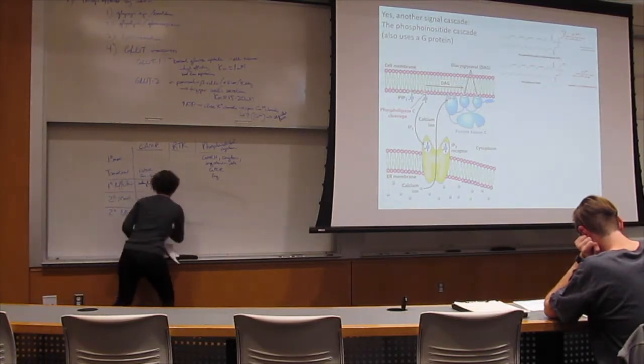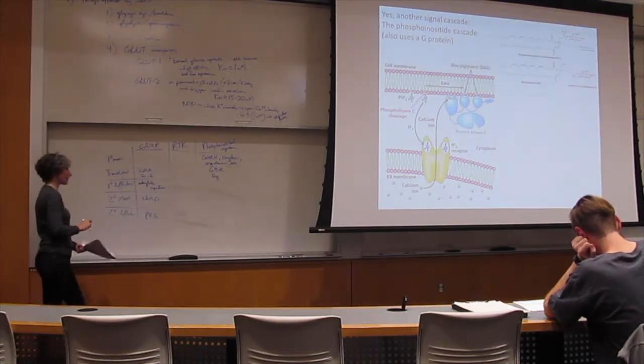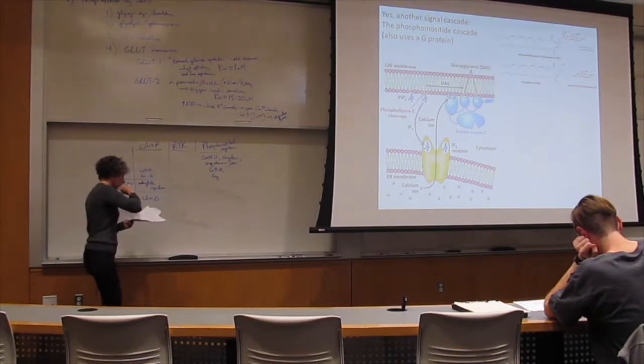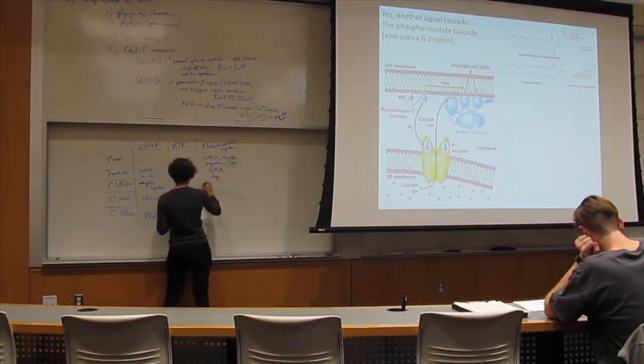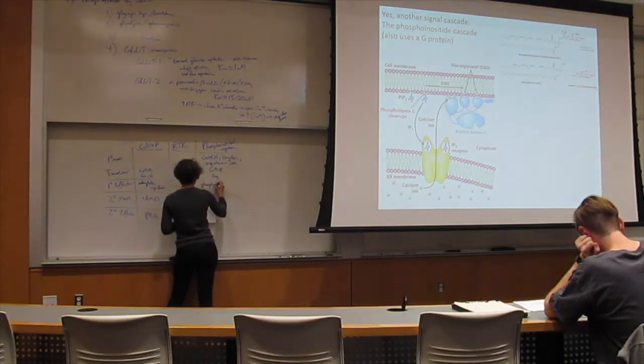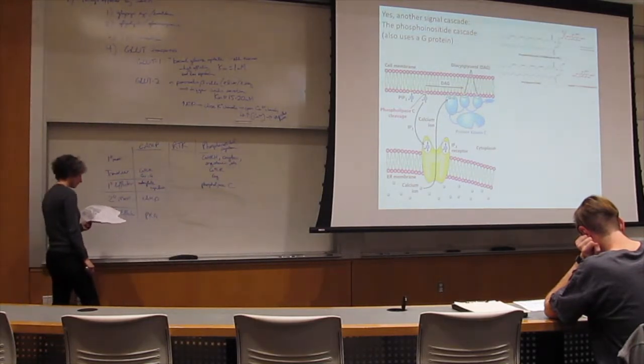So, in the phosphoinositol system, Gq is going to travel, and instead of adenylate cyclase, he's activating this guy called phospholipase C. And then we'll look at it in just a second.